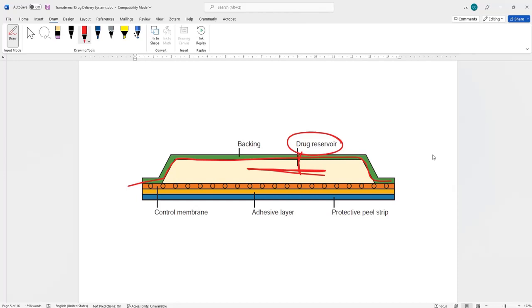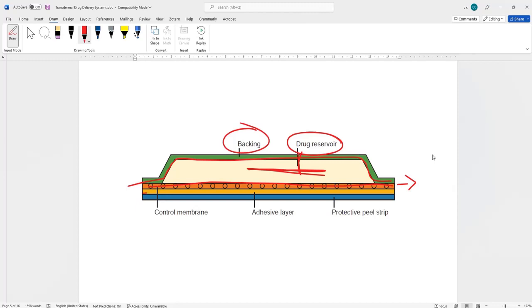This packing can be transparent or pigmented, and made from polypropylene and polyethylene. This membrane here is the one that is responsible for controlling the release of the drug. That's why they call it a membrane controlled system. It's made of polyethylene with very small pores to allow the drug to move outside from there.